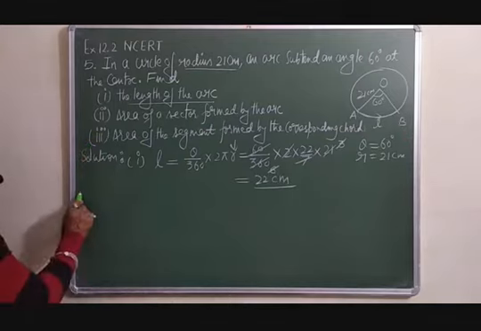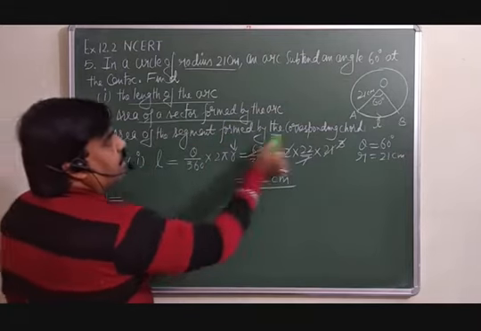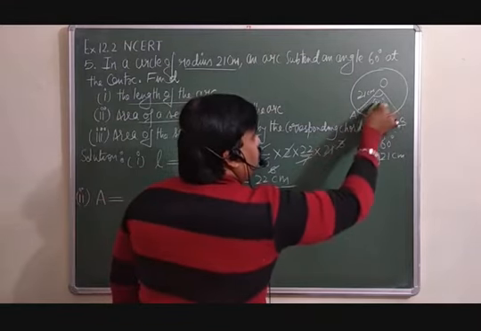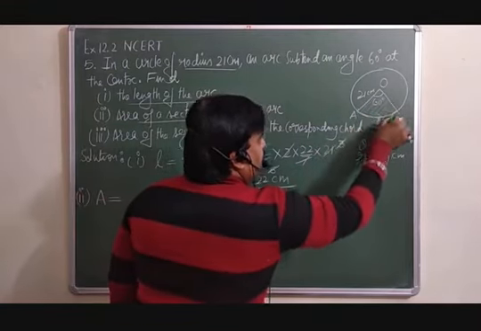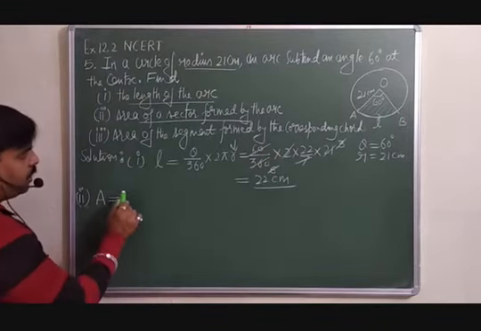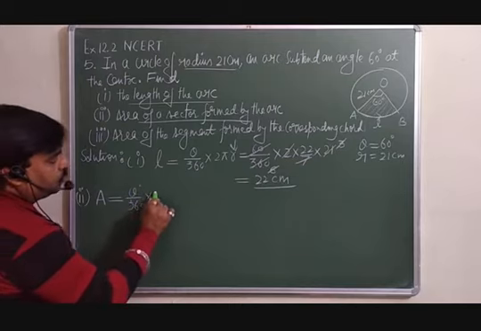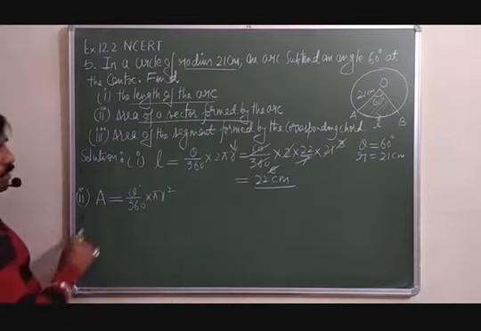Now the second part is asking you to calculate the area of the sector formed by this arc. That means you are supposed to calculate the area of this portion, the sector. We need to find its area. One formula is theta over 360 into pi r square, and you can calculate using this.